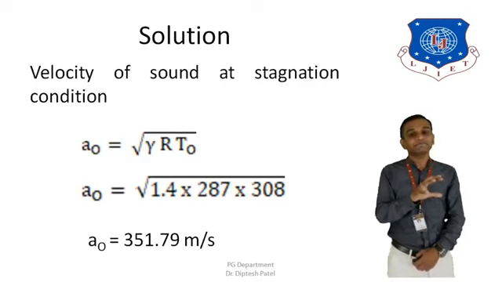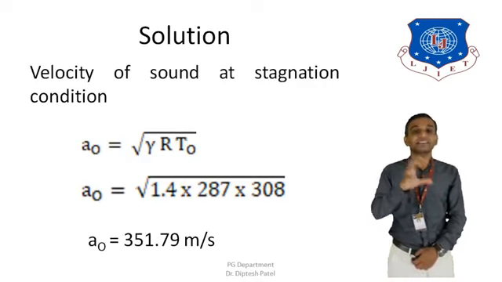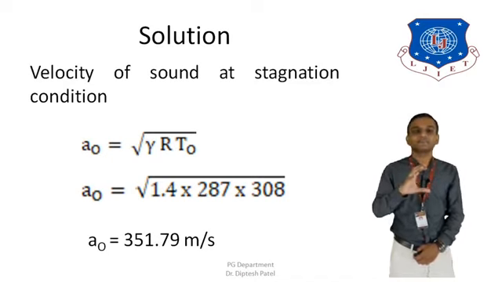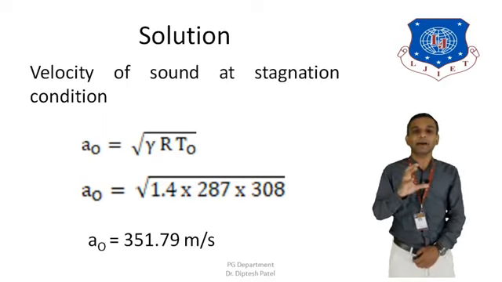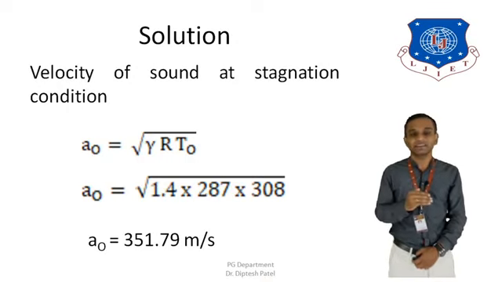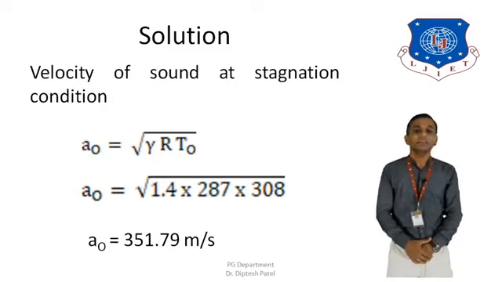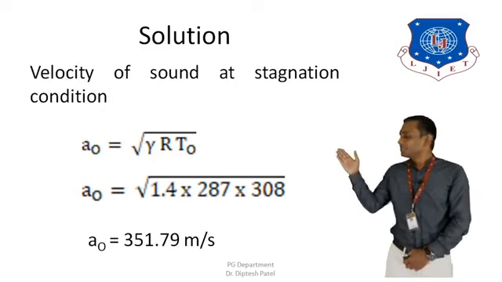First thing is that since the stagnation temperature or even the stagnation conditions are given, we are going to calculate the velocity of sound at stagnation conditions. Since we know that the velocity of sound A is equal to under root of gamma R T, the velocity of sound at stagnation condition, which would be A0, is under root of gamma R T0. So just put in the values.